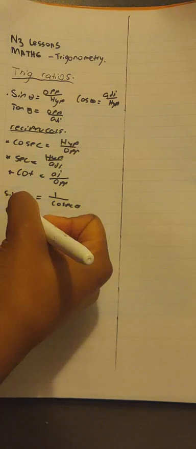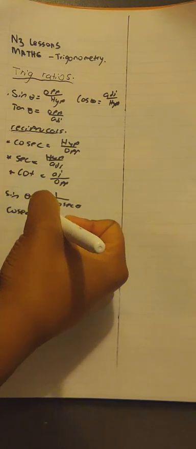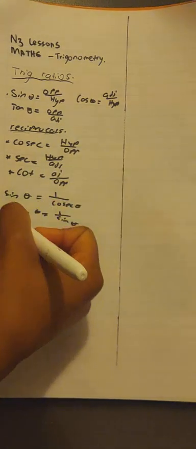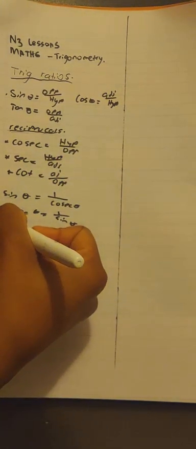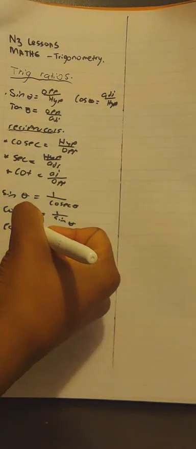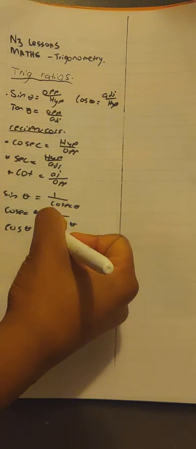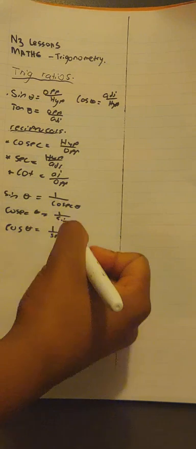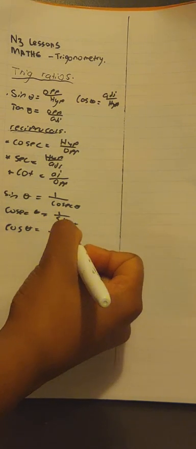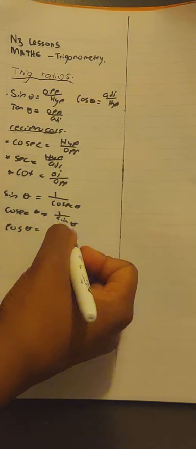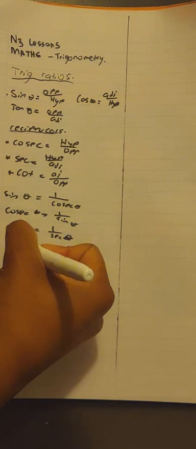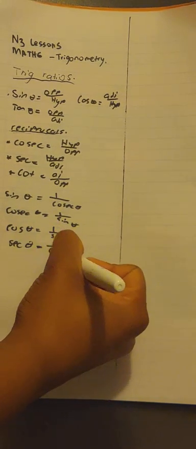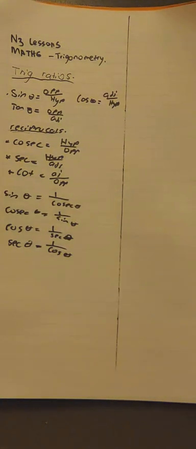That means cosec theta is equal to 1 over sine theta. Vice versa, cos theta is equal to 1 over sec theta, which means sec theta is equal to 1 over cos theta.